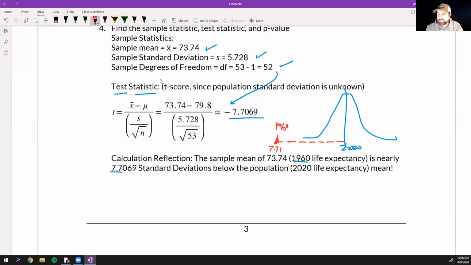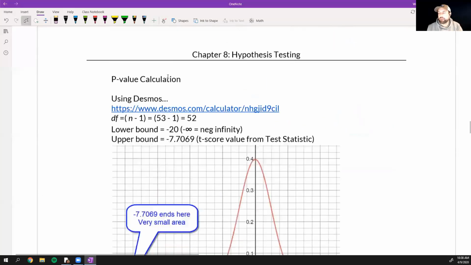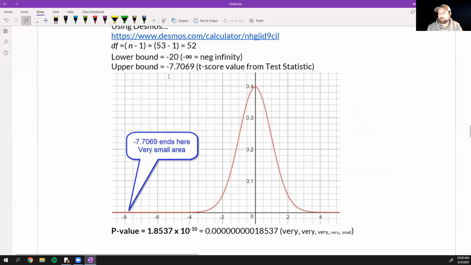So my guess is this is going to be a very small area under that far left tail. And so go to Desmos, here's a graph. Oh, look at that. You can barely even see it. It's actually there. This is the area that we want to find, this little area. And there is the calculation from Desmos. This is a very, very small number.